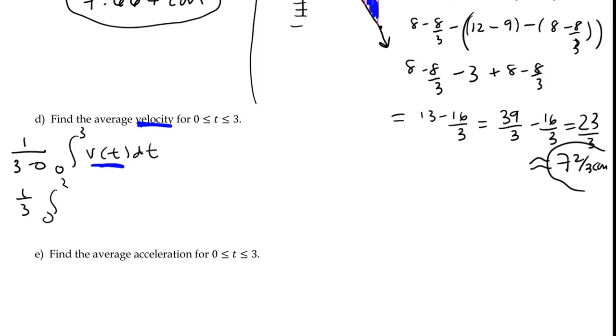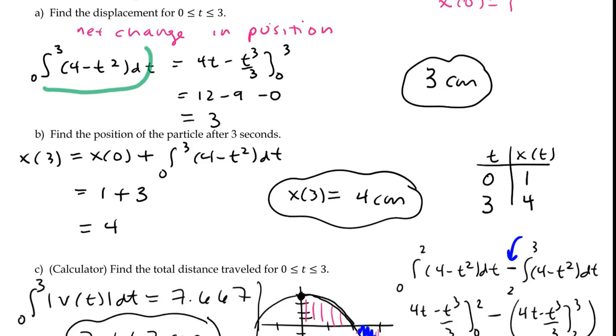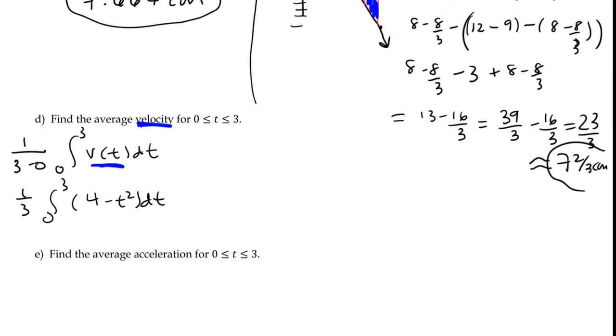When we integrate from 0 to 3 of 4 minus t squared dt, didn't we do that up above? Look, 4 minus t squared dt from 0 to 3 is a 3. So when I go to write this out, we can just say that this is going to be 1/3 times 3, which is 1. What unit should go on this? We should have 1 centimeter per second.